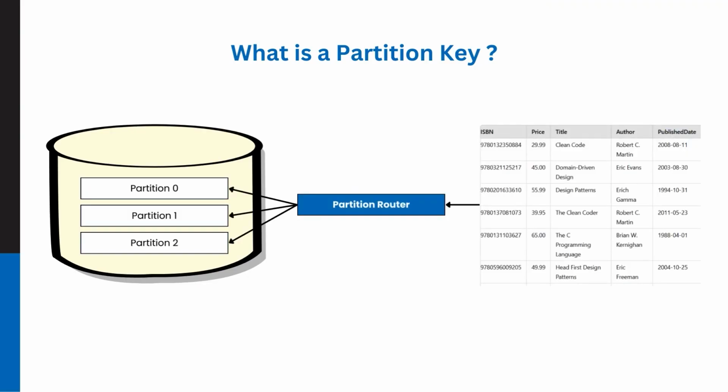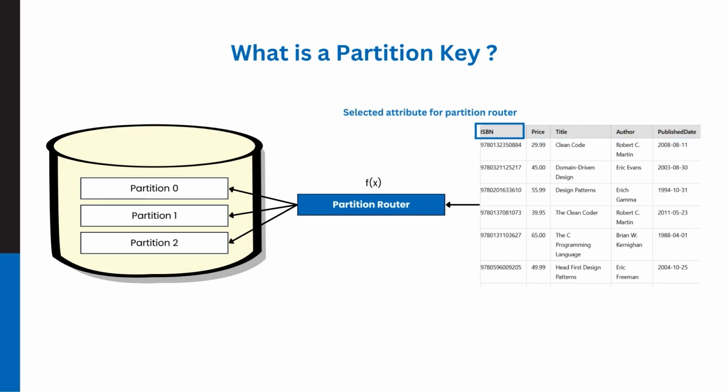Whenever you insert or query data, the partition router uses a function f(x). This function is defined by DynamoDB. In a single table, there are multiple attributes. You need to select one of these attributes, and the partition router uses that attribute as a key to determine in which partition the data should enter. For instance, I'm selecting ISBN as the attribute for the partition router.